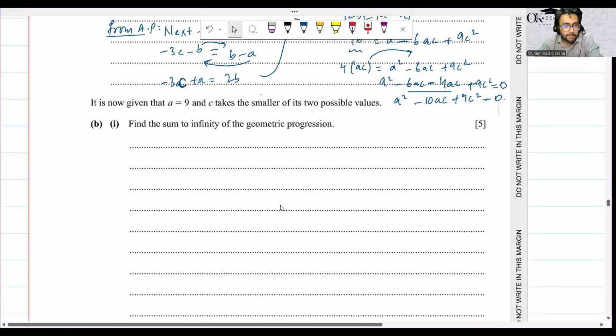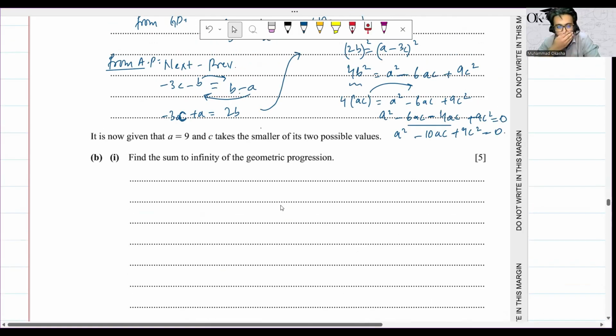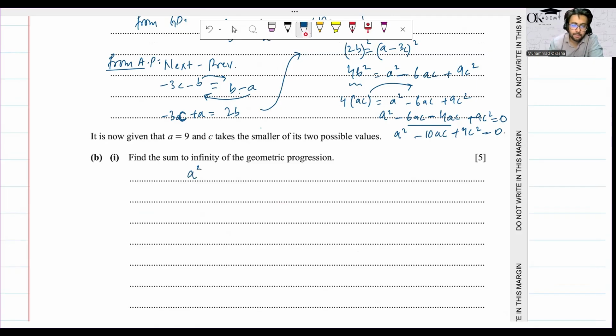It is now given that a equals 9 and c takes the smaller of its two values. Find the sum to infinity of the geometric progression. Interesting. a equals 9. Okay, what do we have from the last result? We know that a squared minus 10ac plus 9c squared equals 0, right?